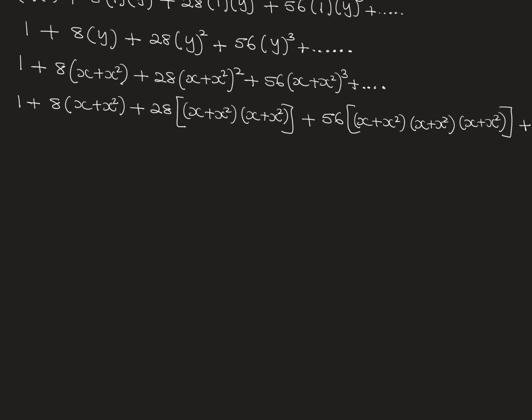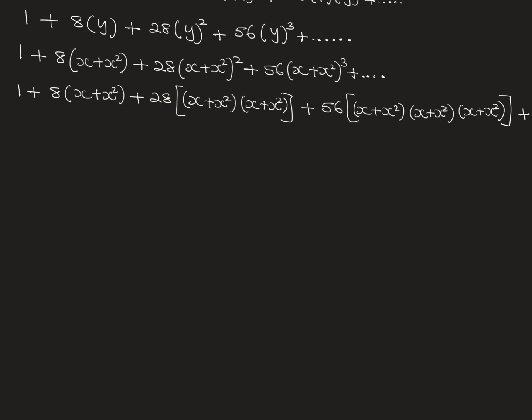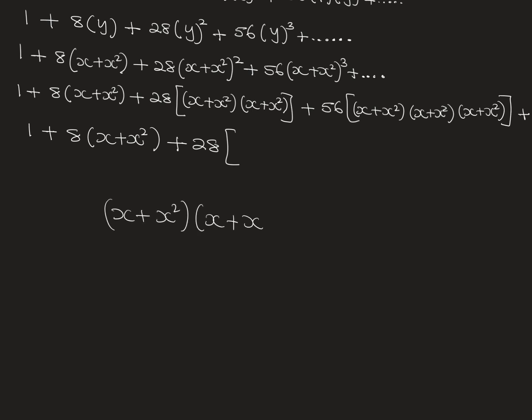So what we do next, we'll have 1 plus 8 into x plus x squared plus 28 into, what do we have if we expand this? Now let's just take that, x plus x squared into x plus x squared. How do you multiply this?